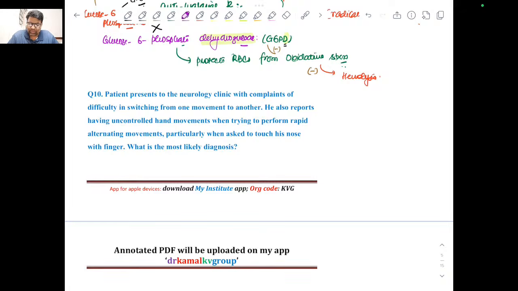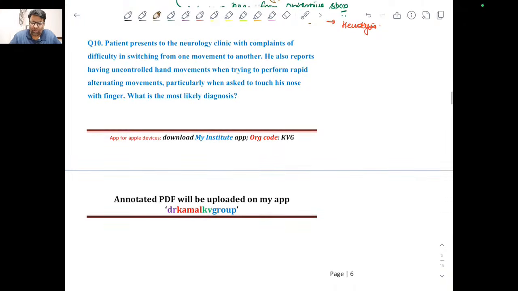He also reports having uncontrolled hand movements when trying to perform rapid alternating movements, particularly when asked to touch his nose with fingers. What is the most likely diagnosis? Now, this question is actually more of practical. Now, let us take the keywords first. So, what are the keywords which are given to us?